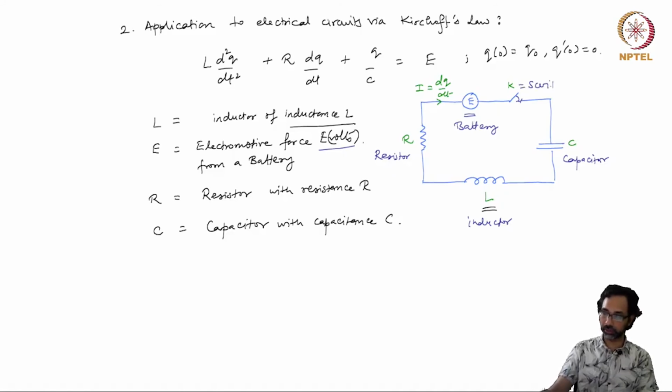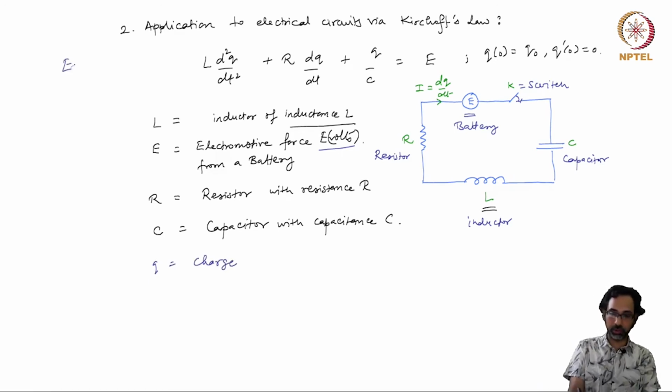This is a switch, and so this is the equation for the flow of charge Q, or current.